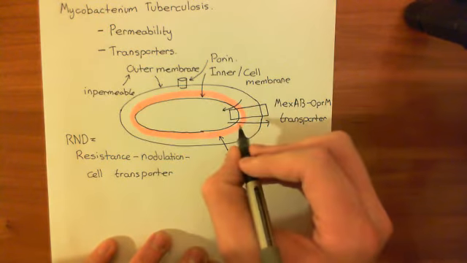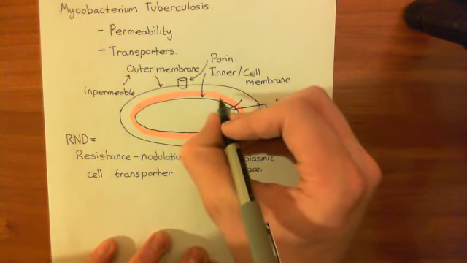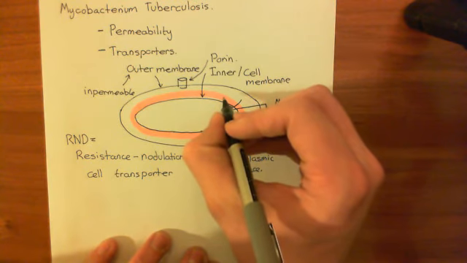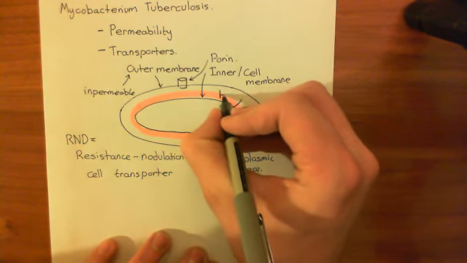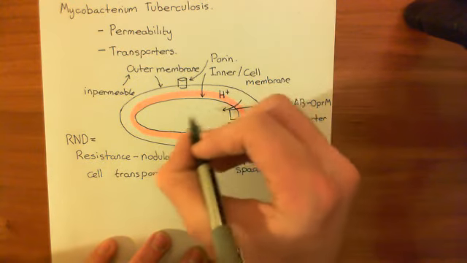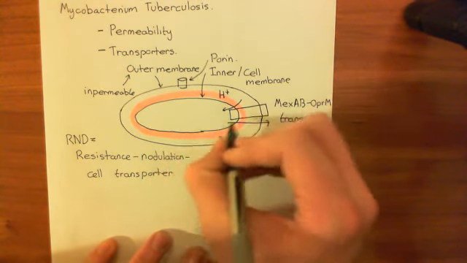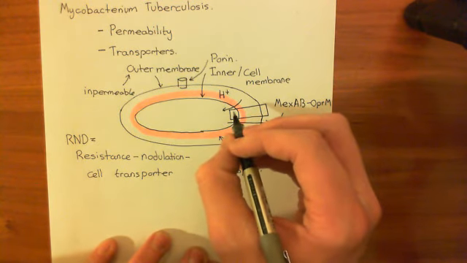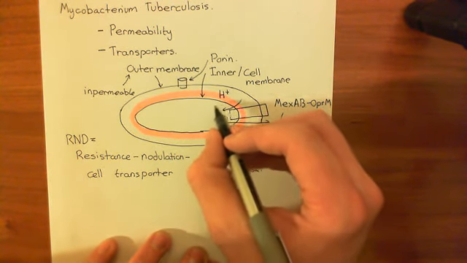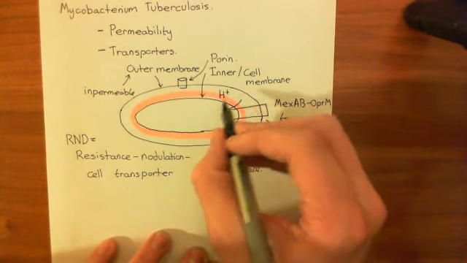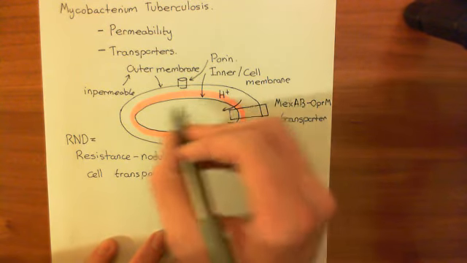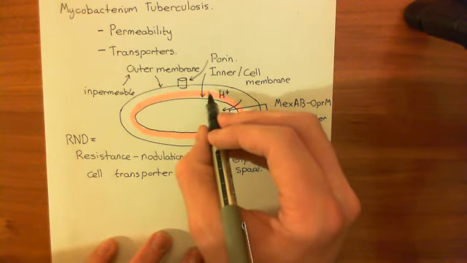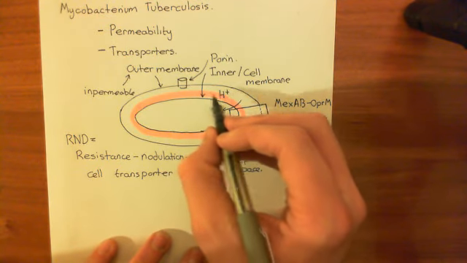Across the cell membrane of bacteria, there is a proton gradient, much like there is a proton gradient across the inner mitochondrial membrane. So you have a very high proton concentration in the periplasmic space and a low proton concentration in the cytoplasm. You also have an electrical potential difference across this membrane, where the electrical potential in the cytoplasm is lower than in the periplasm.